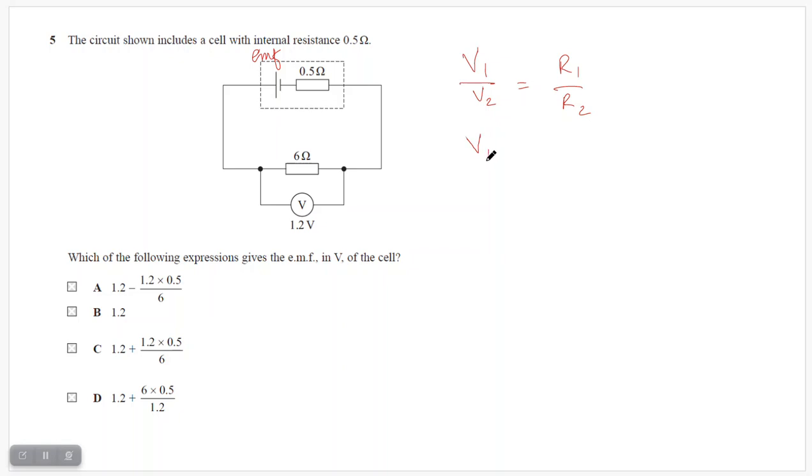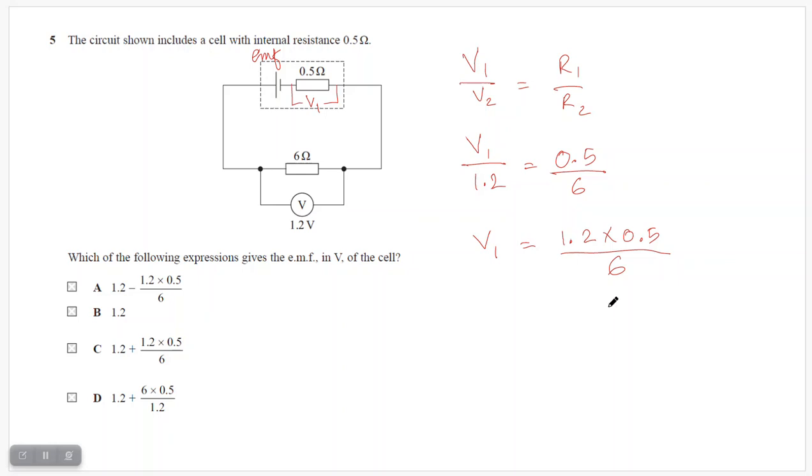V1 by V2 would be 1.2 equals the corresponding resistance, so this would be 0.5 R1 divided by the corresponding resistance of 1.2, which would be 6. So make V1 the subject. V1 would be 1.2 times 0.5 divided by 6.